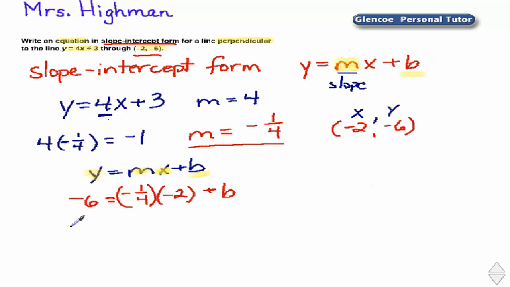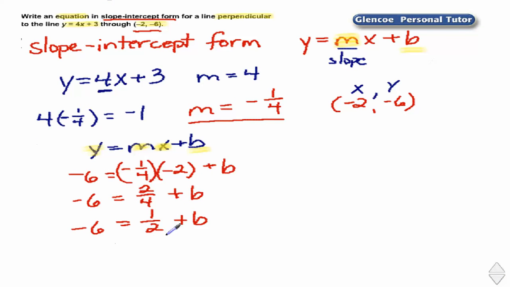So now we'll simplify that a little bit. -1/4 times -2 is 2/4. So -6 equals 2/4 plus b. And 2/4 we can reduce to 1/2. So we have -6 equals 1/2 plus b.